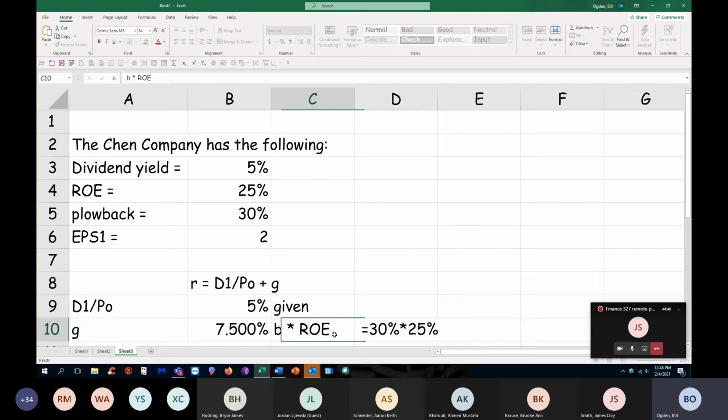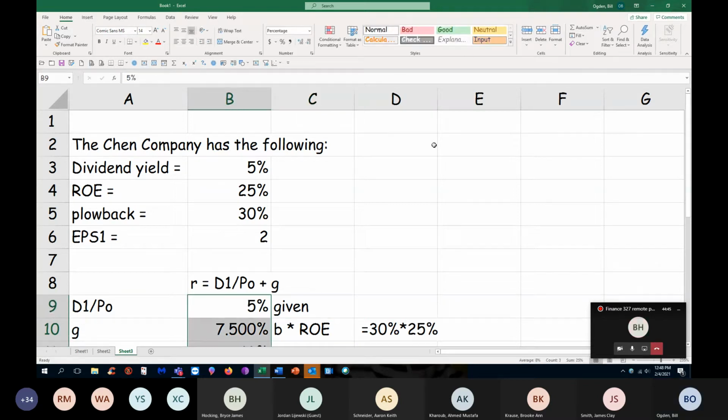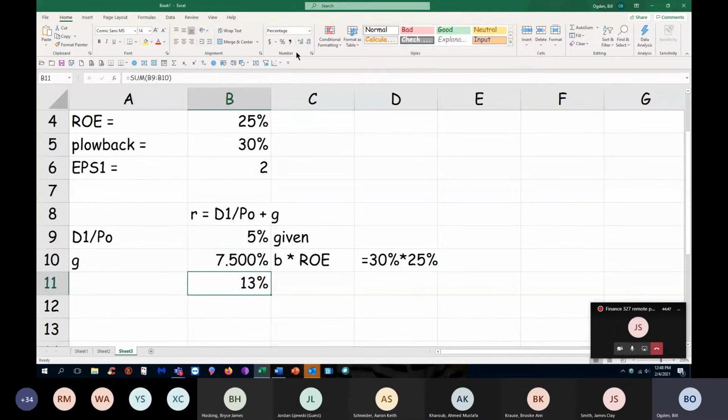There we go. If I add these together, I better give it a decimal.